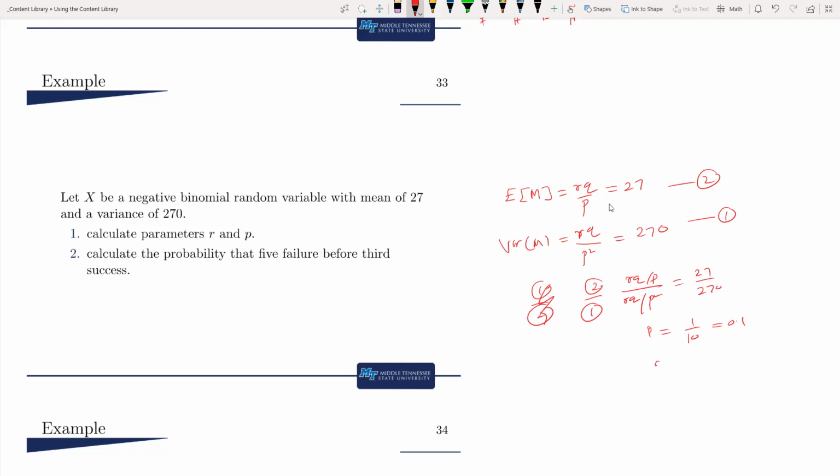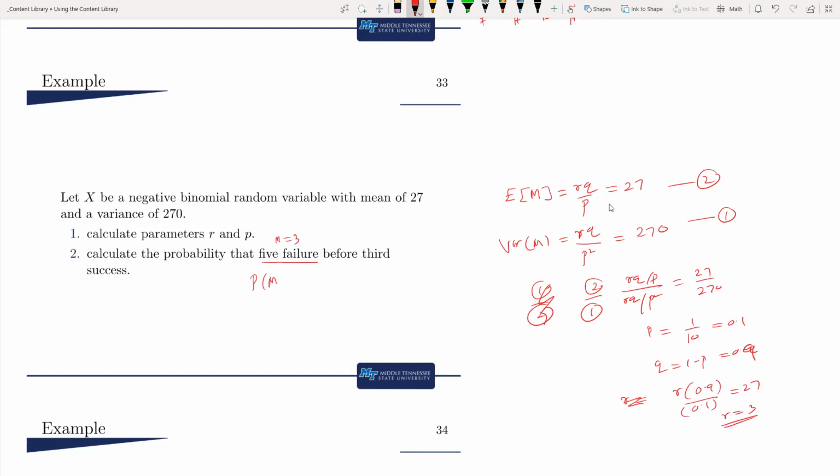Once you know P, you know Q. Q is 1 minus P, which is 0.9. From there, you can get R. Using equation 1, R times 0.9 over 0.1 equals 27, so R would be 3. Once you know P, Q and R, you can calculate the probability of 5 failures before the third success.